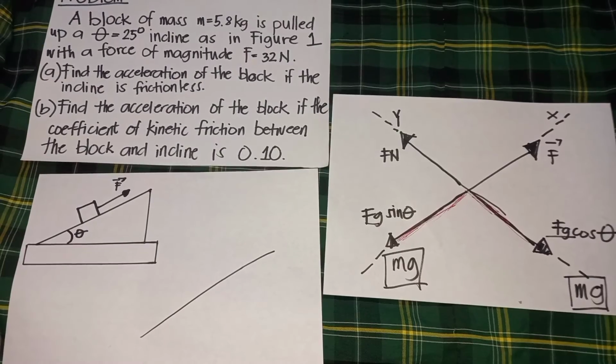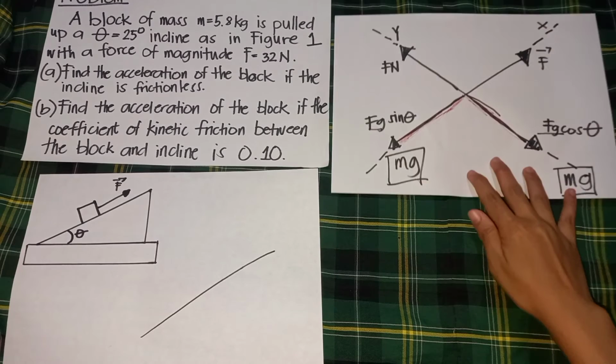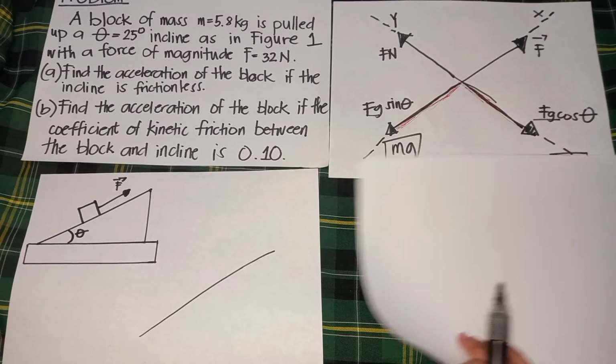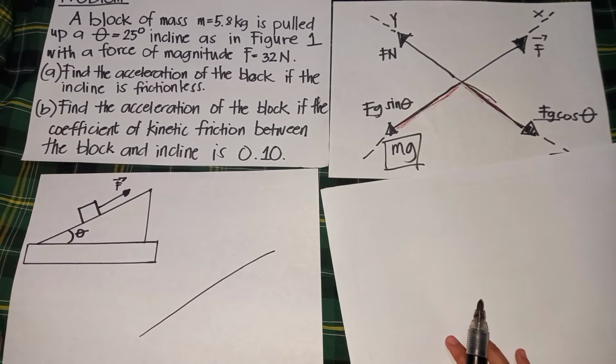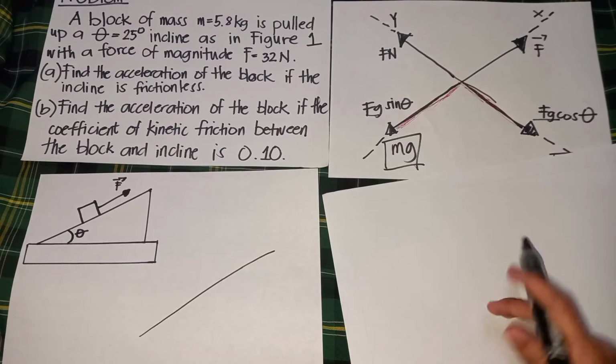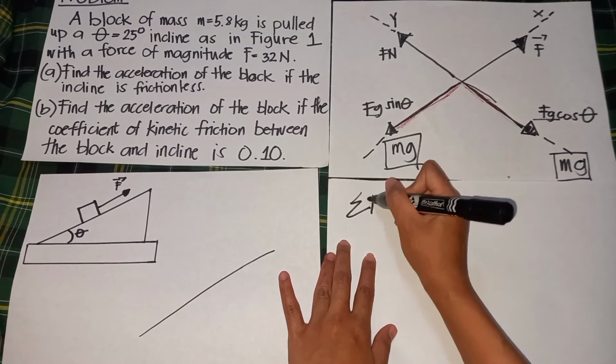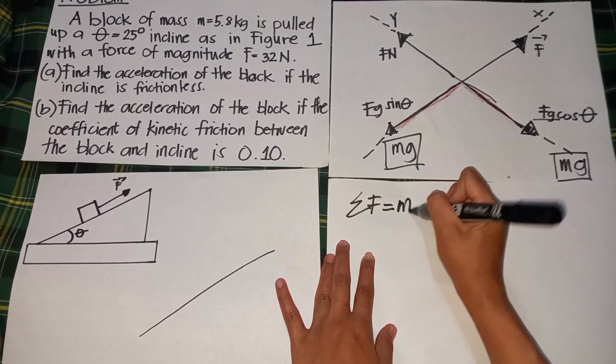So we can actually replace each Fg with mg. The next step after drawing the free body diagram is to apply Newton's second law, which is the following. The sum of the forces is equal to the mass times the acceleration. Typically, we need to apply Newton's second law in both the x and y directions. So why don't we try the x direction first?